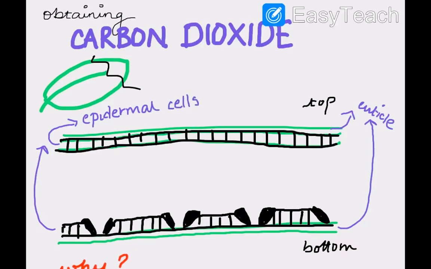Remembering back to our types of tissues, epiderm was part of the dermal tissue type, right? So the outside part of the leaf is an epiderm, or a layer of epidermal cells. And the cuticle that covers the top and the bottom is a waxy substance that's released by the epidermal cells.